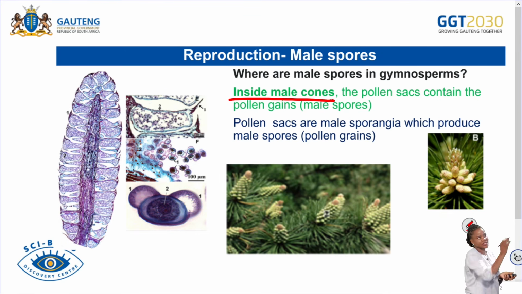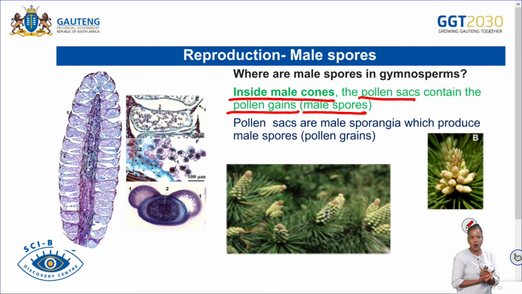The male cones. And then in the male cones, that's where there are pollen sacs, and the pollen sacs are the ones containing what? Containing the pollen grain, and then the pollen grain is our male spores. And then the pollen sacs are male sporangia, which produce the male spores, or which produce what? The pollen grains.